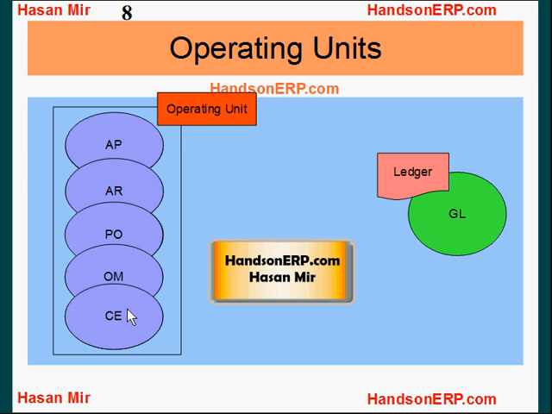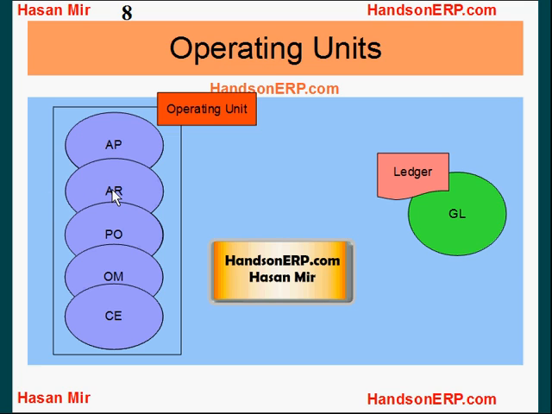So data in operating unit 1 is not visible from operating unit 2. Related data within operating unit 1 is available. For example, invoices belonging to the payables module that are sitting in operating unit 1 could be netted against transactions that are sitting in operating unit 1 belonging to the receivables module.